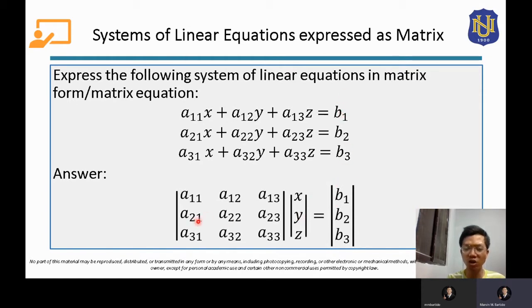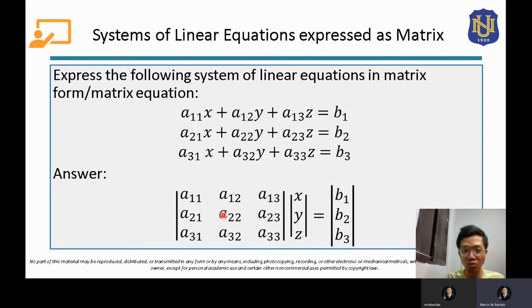and this will be equal to the constants. If you perform the operation, this is actually multiplication of this 3 by 3 matrix and this column matrix. If we multiply this and apply the concept of equality, it will just be A11 times x plus A12 times y plus A13 times z is equal to B1. And that is actually equation 1.